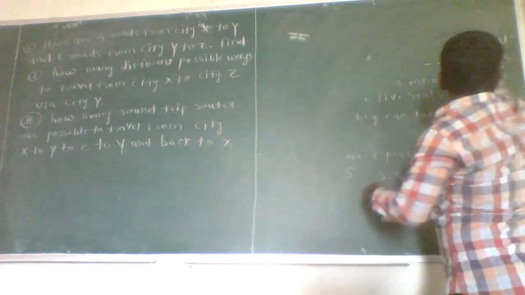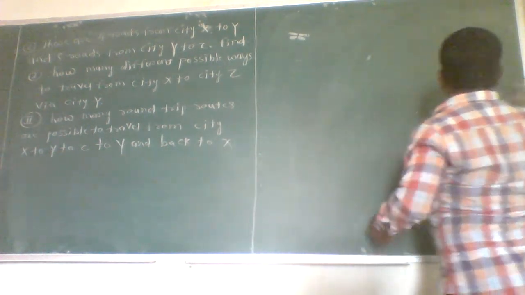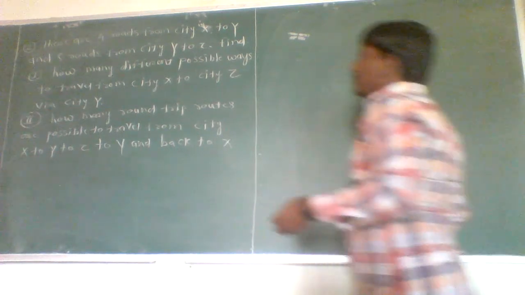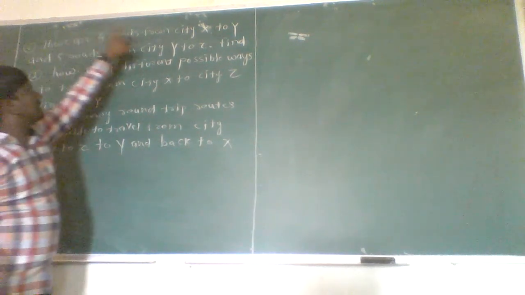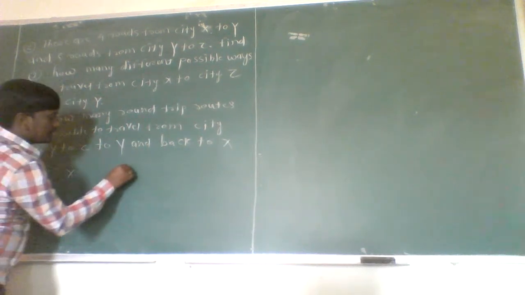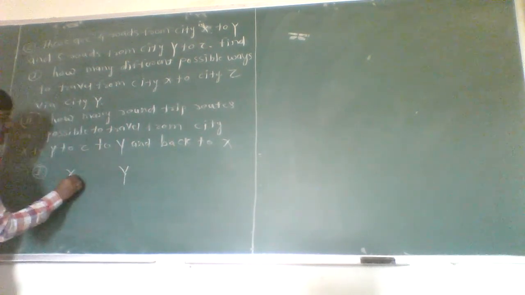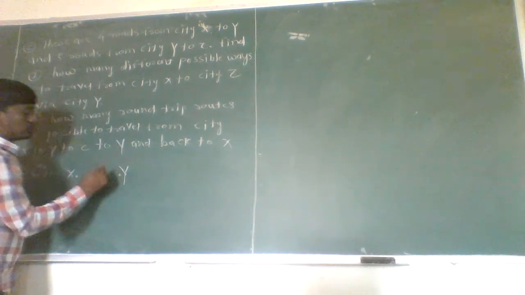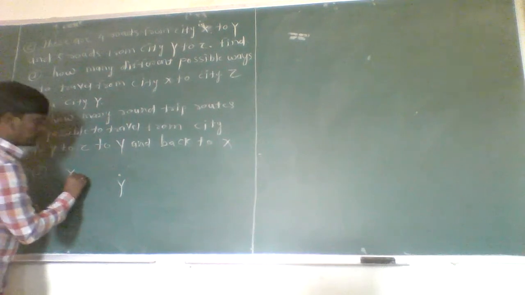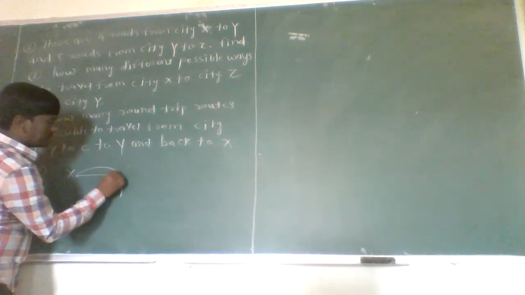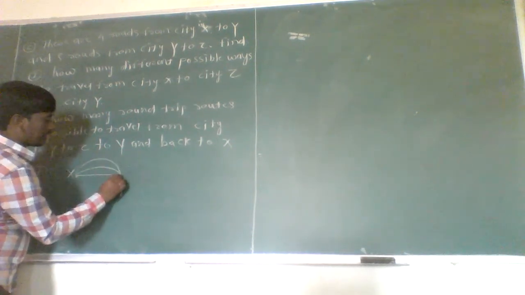Let us see first one. Now, in first step, we have to travel from city X to city Z via city Y. Okay. Now, from city X to city Y, there are 4 roads. If suppose here is X and here is Y, and from city X to city Y, there are 4 routes.